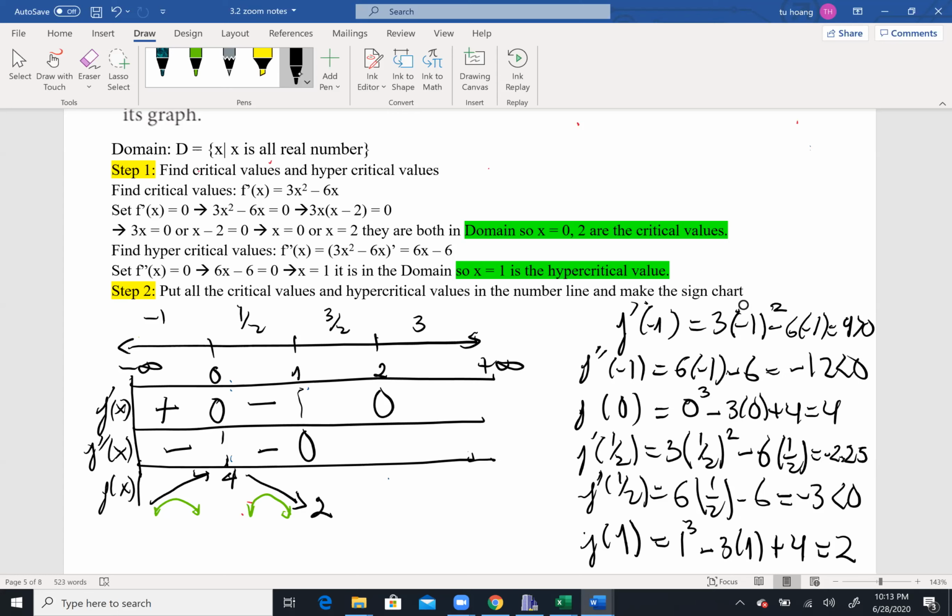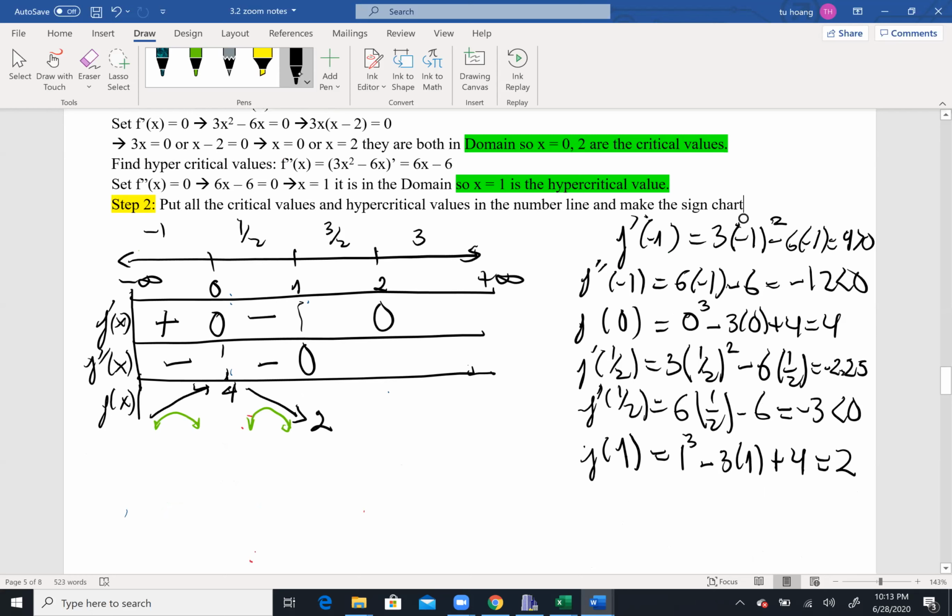And then now from 1 to 2, I'm going to find the value at 3/2. So let me take the first derivative of 3/2. That gives me 3 times (3/2) squared minus 6 times 3/2.